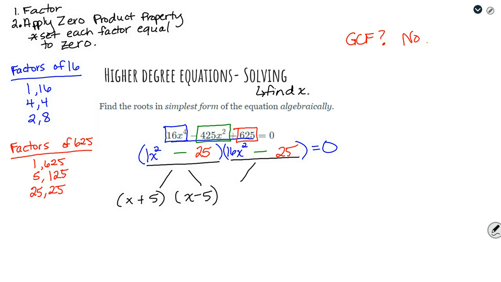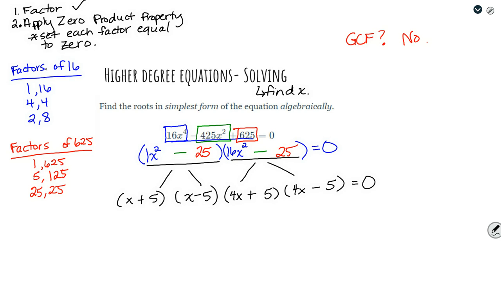That also factors into two perfect squares. The square root of 16x squared would be 4x. So I'll have a 4x for each one. And then the square root of 25 is 5. I'll need a plus and a minus in each one. Equals 0. All right, so factored.